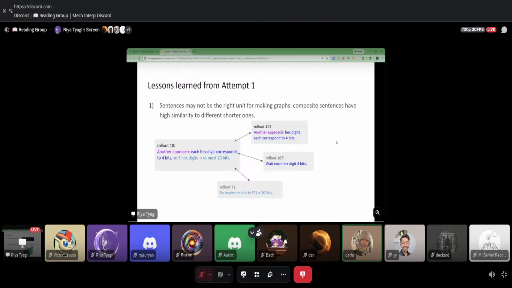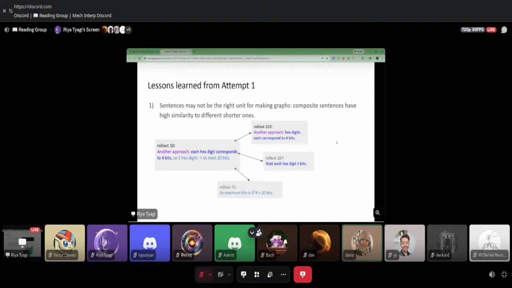But when we tried using sentences instead of smaller pieces, we saw, just by reading the clusters we ended up with, the nodes in our graph, this annoying thing where you'd have long sentences that each contain several semantic steps, like rollout 10 here.